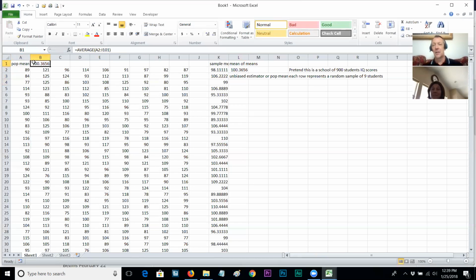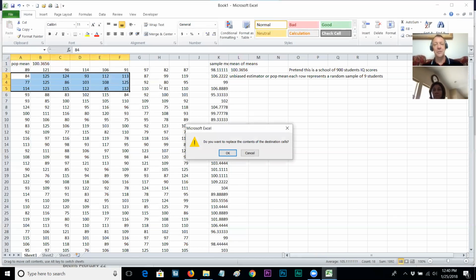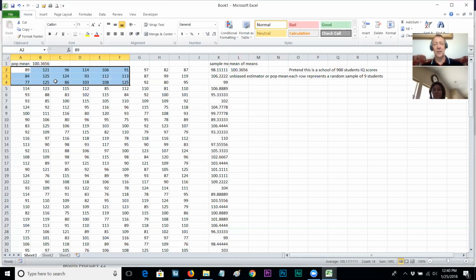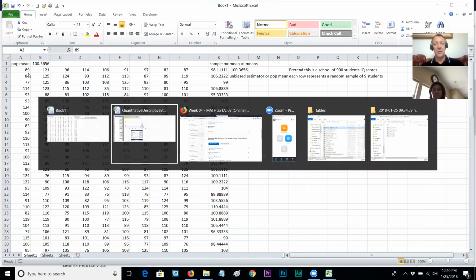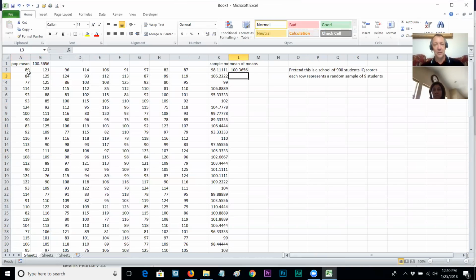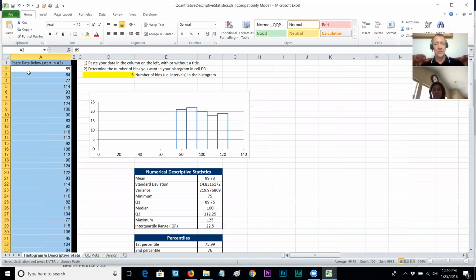Even though, remember our underlying distribution, when I did this first 100 data points, it was just too hard to do all 900, and I knew the 100 would look the same as the 900. But remember, when I went back here the first time, I got a nice uniform distribution, a nice rectangle.